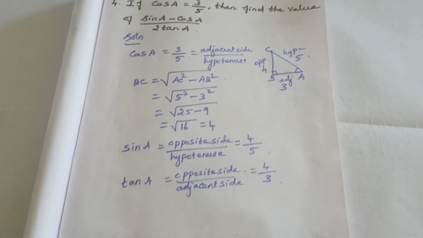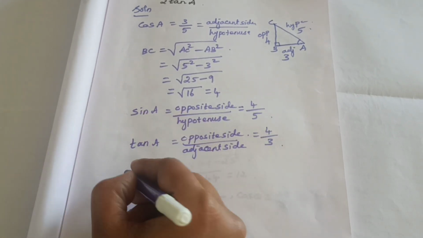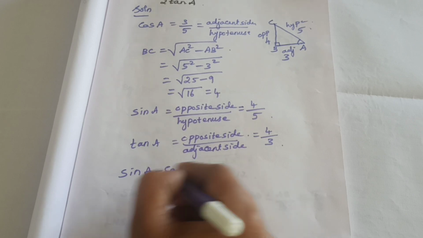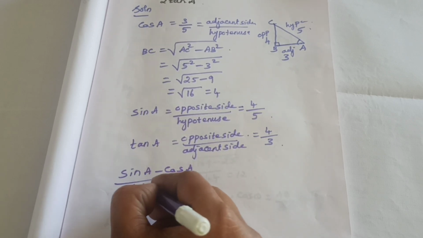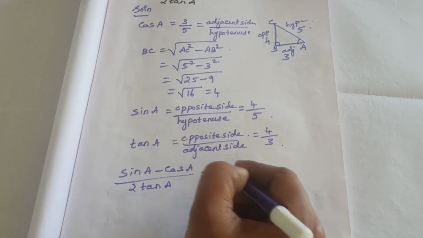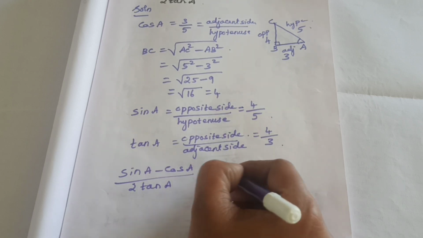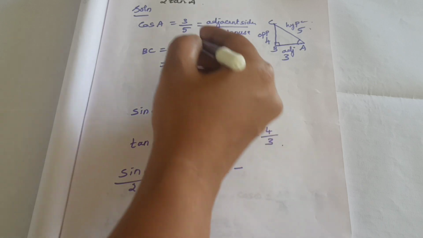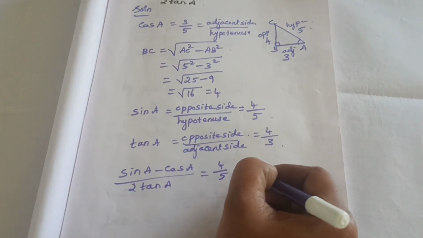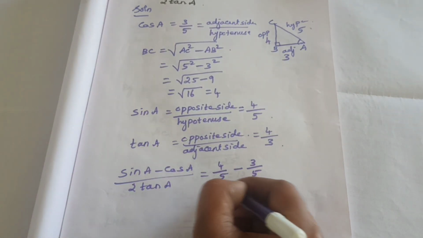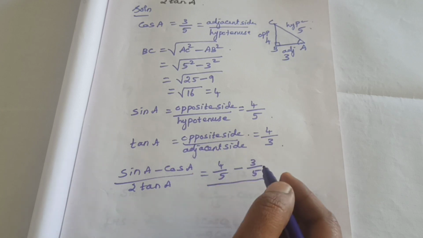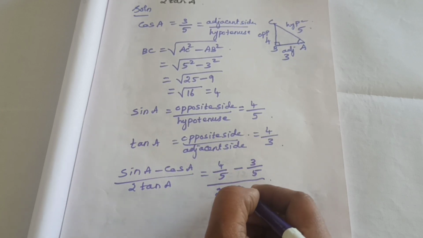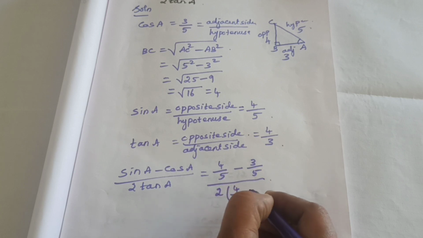Then here what's the question? That question you write it. Sin A minus cos A divided by 2 tan A. Then equals sin A, which is 4 divided by 5, minus cos A, which is 3 divided by 5, divided by 2 into the tan value substituted, 4 by 3.